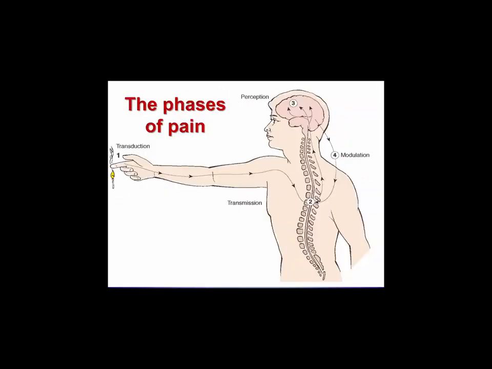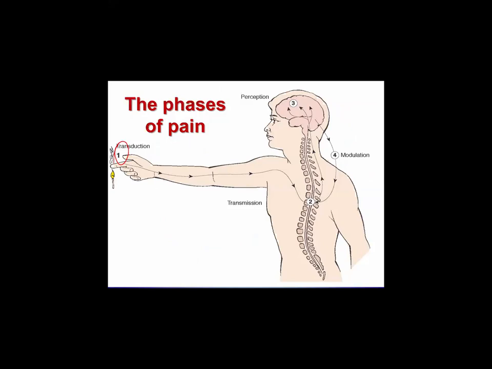Here you can see the phases of pain, the physiology of pain. How does it work? How do you feel this pain? The first step is transduction. When you have some kind of irritant, this irritant may activate the receptors, which you have everywhere on your skin, mucosa, inner organs, surfaces.